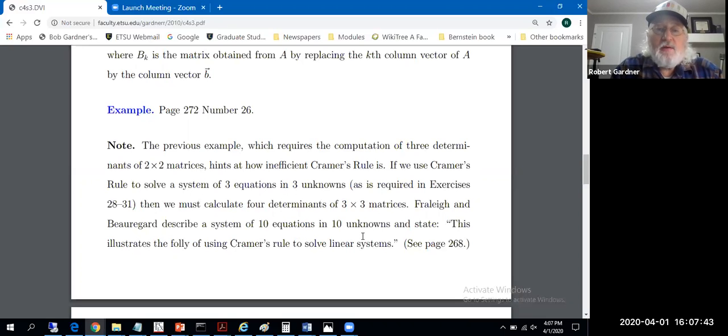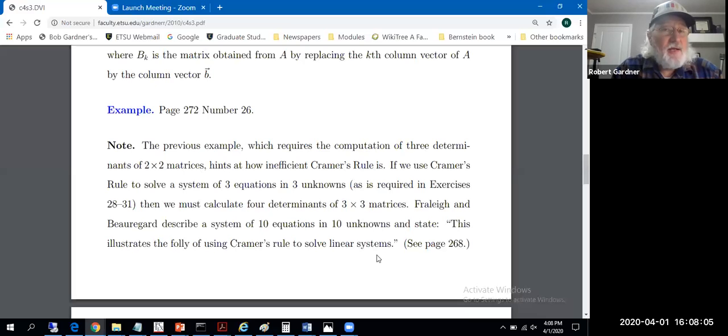That'd be 11 determinants of 10 by 10 matrices. And I think they give some little counting arguments of how much arithmetic that is. The book states on page 268, this illustrates the folly of using Cramer's rule to solve systems of equations.